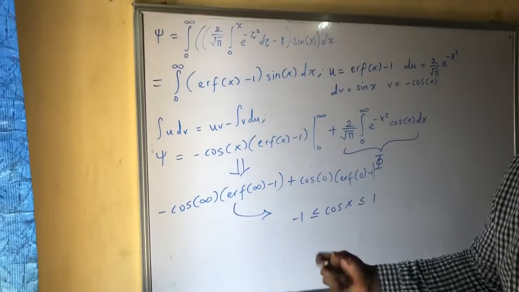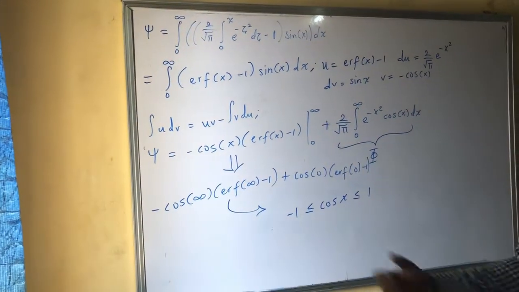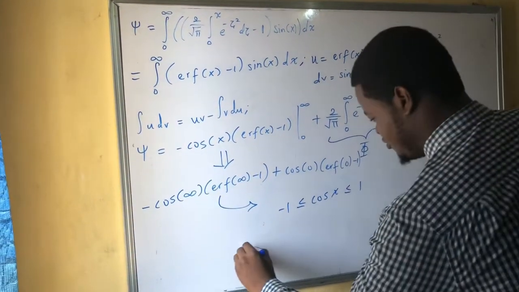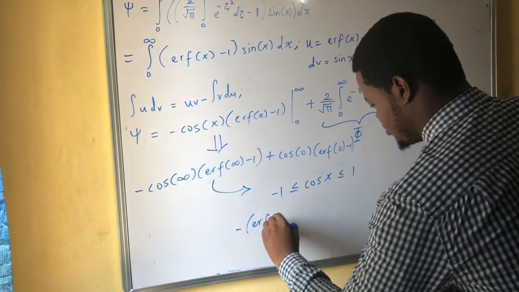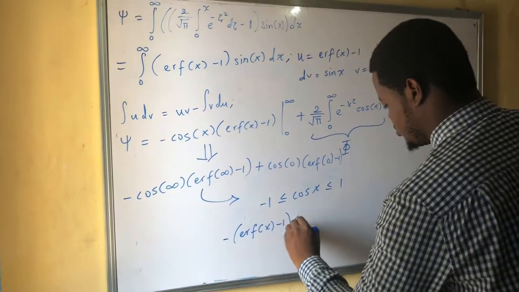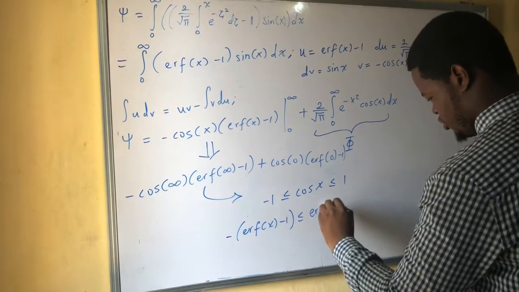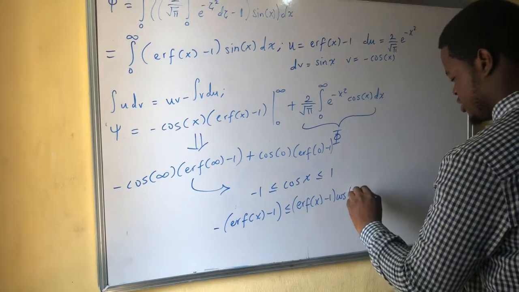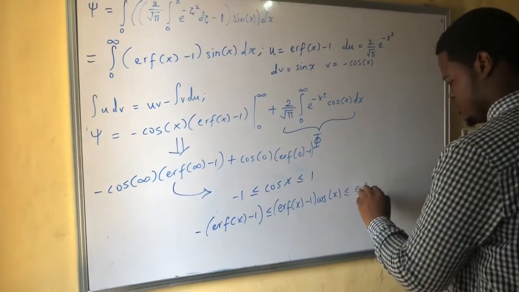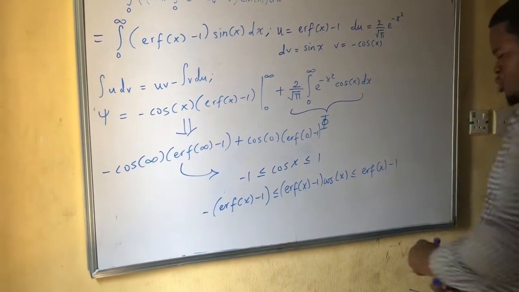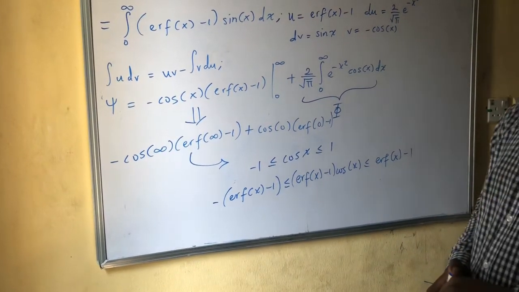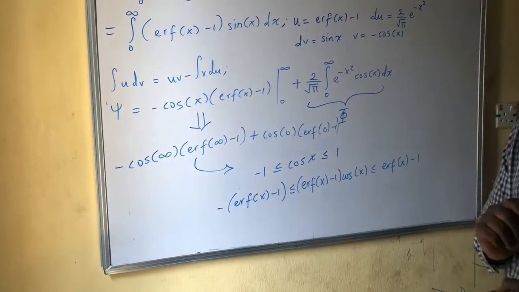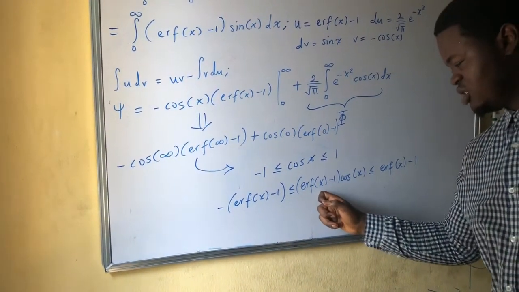So if I multiply both sides of the inequality by the error function of x minus 1, I would have the error function of x minus 1, times cos x, times the error function of x minus 1. We all know by the squeeze theorem, or sandwich theorem, that if the limits of this and this are equal, then it's surely going to be equal to the limit of this.